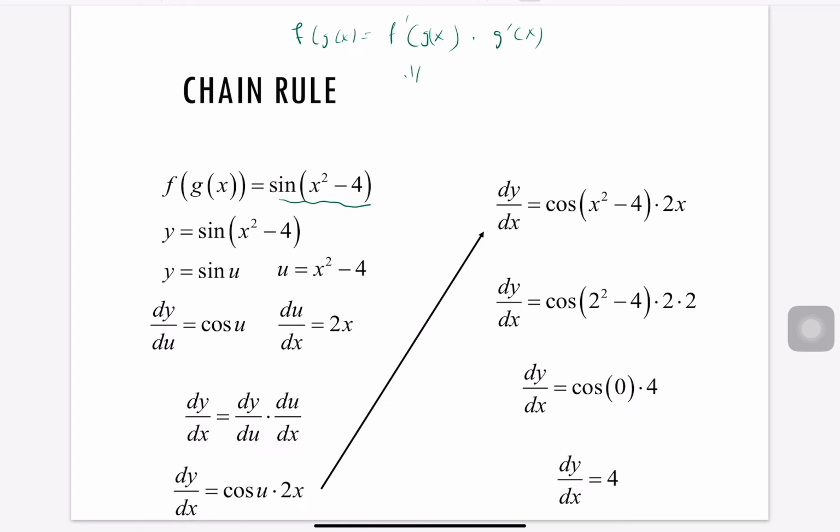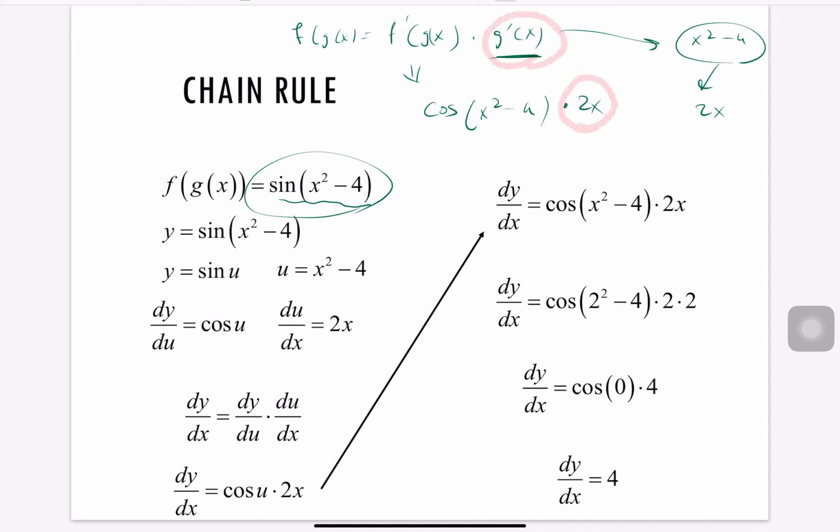What is f prime g(x)? The derivative of this function will be cosine, sine will be cosine x squared minus 4, multiplied by g prime x, it means the derivative of x squared minus 4, which will be 2x, so I put 2x here. Then the derivative of this will be this, the derivative of this will be this, and the result will be the multiplication of these two. It is very, very important to solve this question.